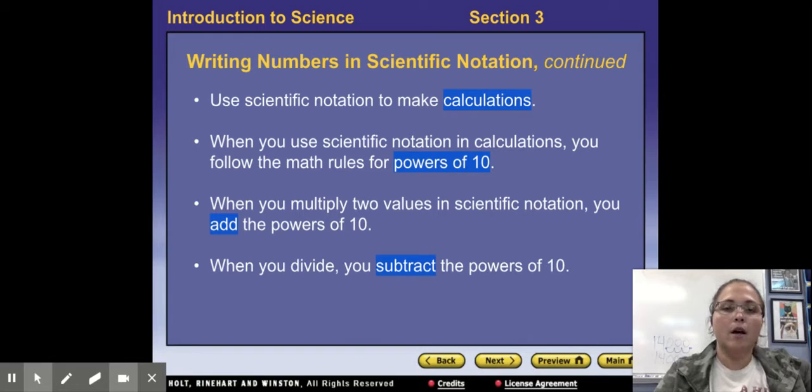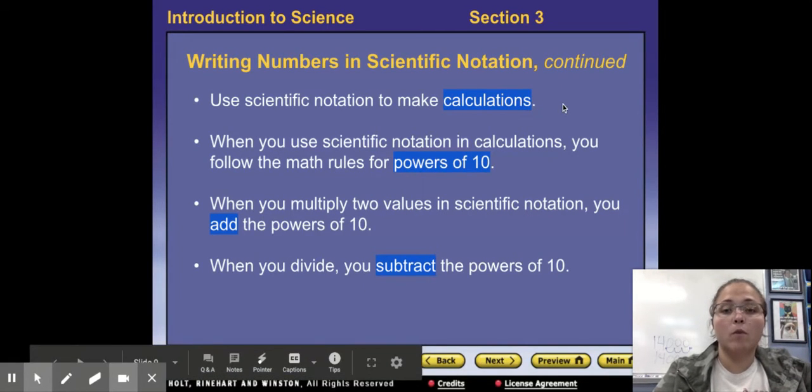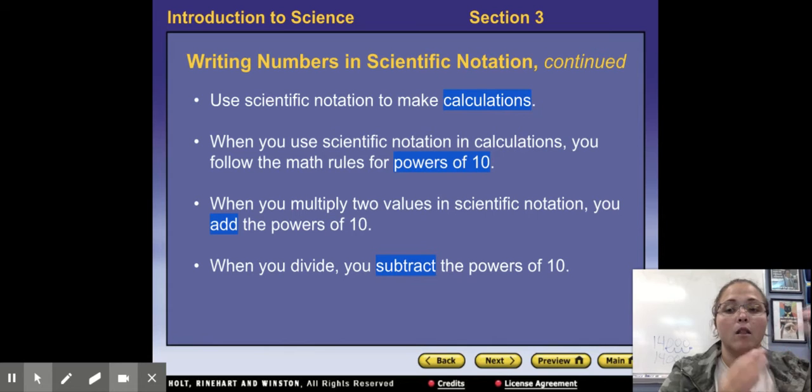Now, in freshman year, you learned about scientific notation in your algebra class and in your science class, or you should have. And we really just focus on how to put numbers into scientific notation and take them out. Scientific notation becomes very useful when we're making calculations. So we can take a big number and very simply multiply it by another really big number if we have everything written in scientific notation.